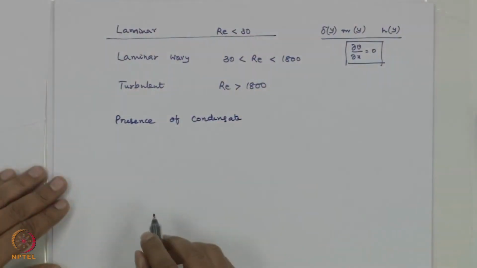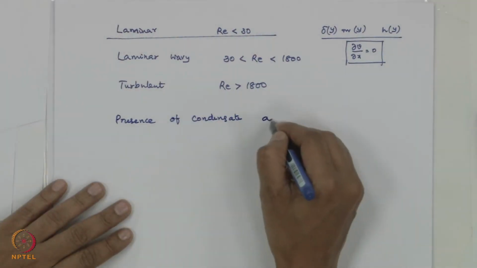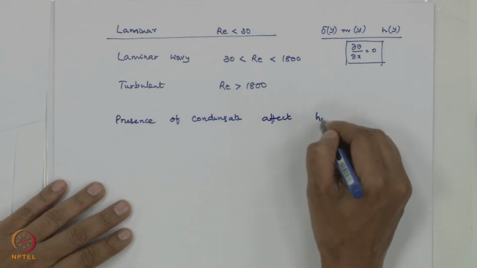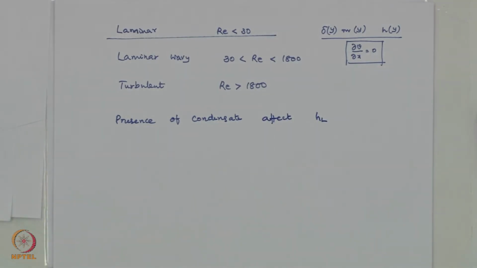If we have air around this flat plate, the heat transfer coefficient is going to change completely. So the presence of air or gases around the condensate is going to deteriorate my heat transfer coefficient.